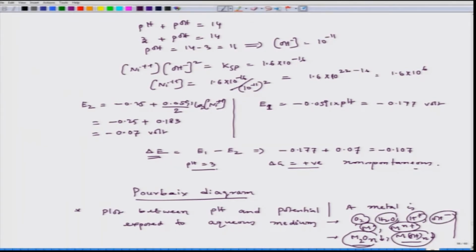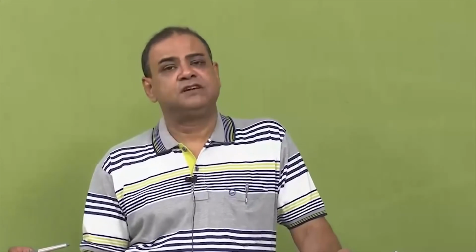And we are forgetting another important species, which is hydrogen, H2. There could be hydrogen evolution also when a metal is dipped in an aqueous medium. Just like zinc, when it is exposed to dilute HCl, where pH is less than 7, it is acidic, we see that hydrogen bubble forms, and of course, Zn2 plus ion also forms.